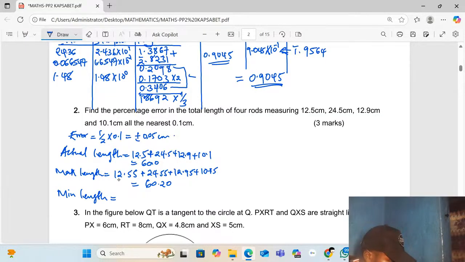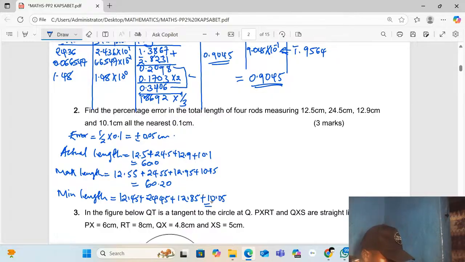Then we look for the minimum length. Now the minimum length becomes 12.45 plus 24.45 plus 12.85, then plus 10.05.